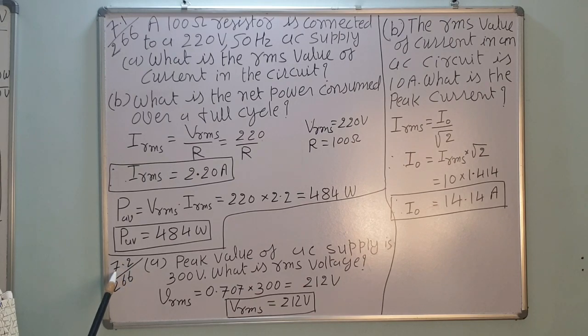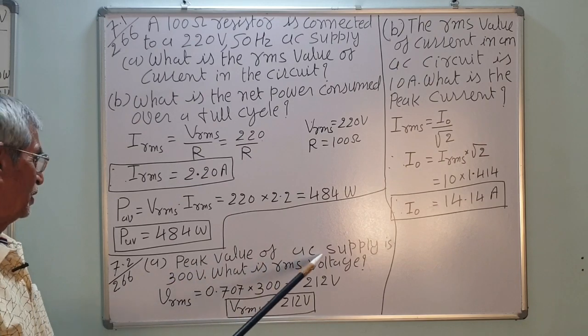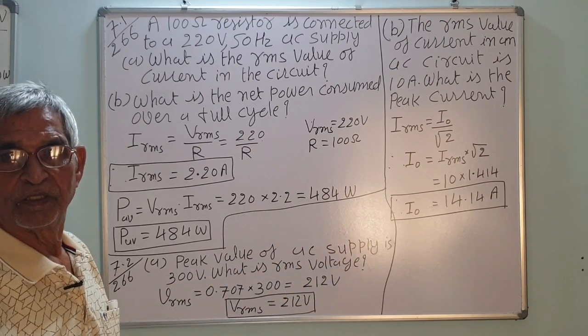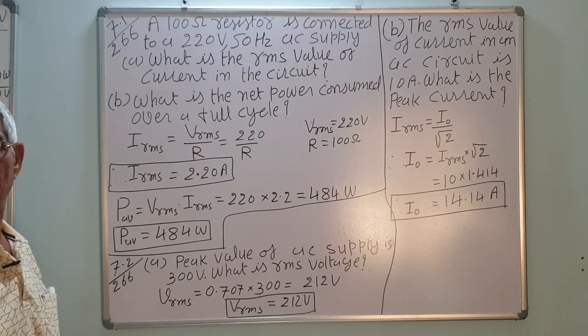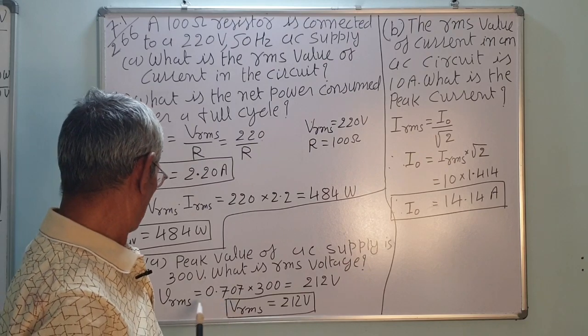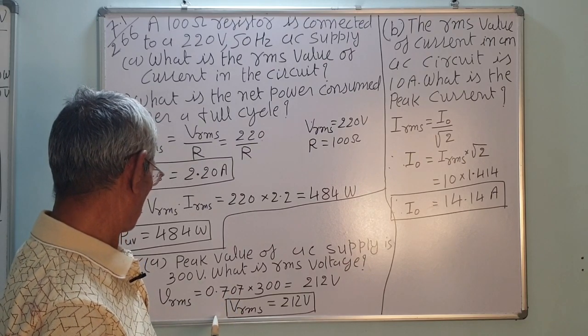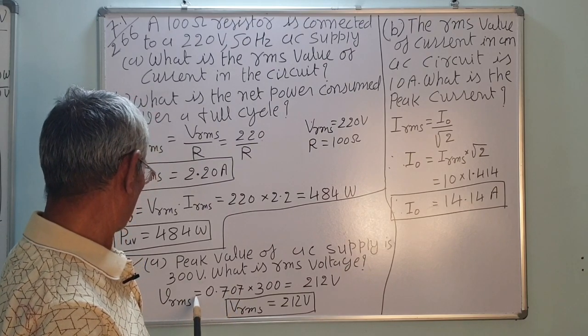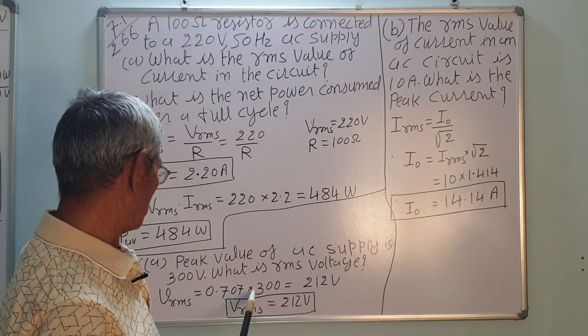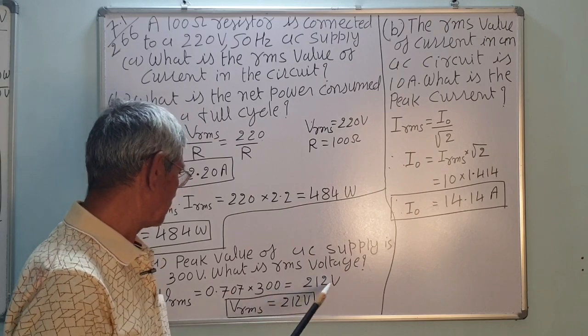Next, example 7.2 on the same page. The peak value of an AC supply is 300 volt. What is the RMS voltage? The peak value is more. So RMS is peak upon under root 2. So RMS value is equal to 0.707 into 300, that is 212.